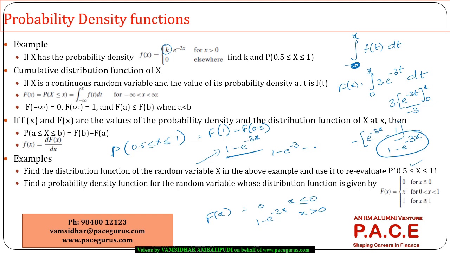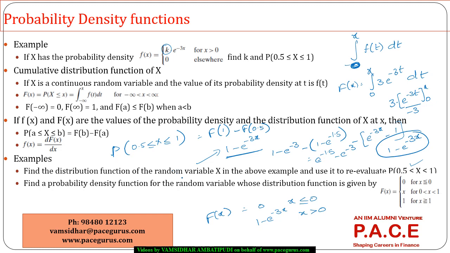F of 0.5 is 1 minus e to the power of minus 1.5, which works out as e to the power of minus 1.5 minus e to the power of minus 3. This is the same solution that we got earlier as well. So one, I can find out the distribution function, and based on that I can find the probability of the random variable taking values within a specific range.